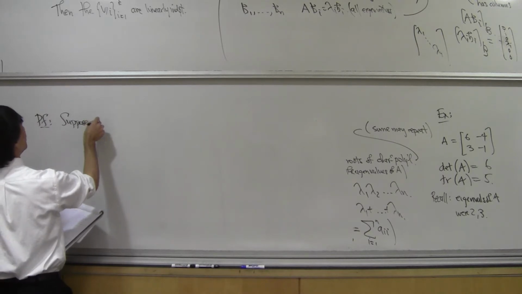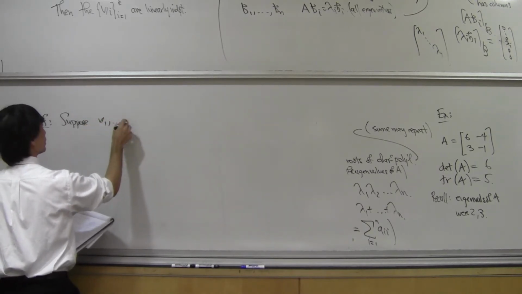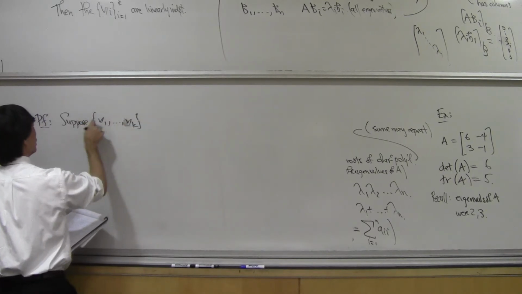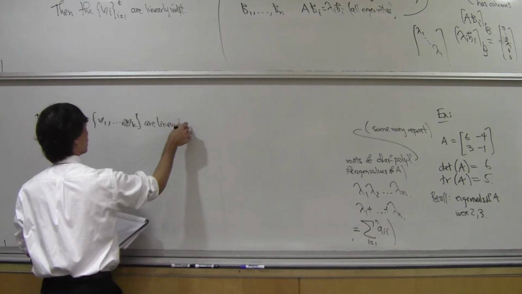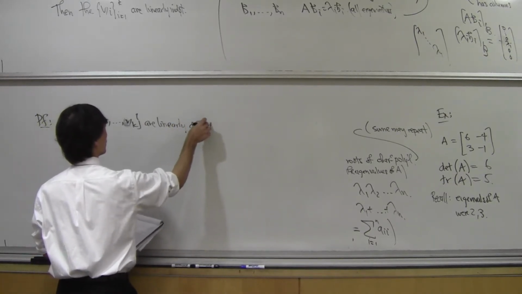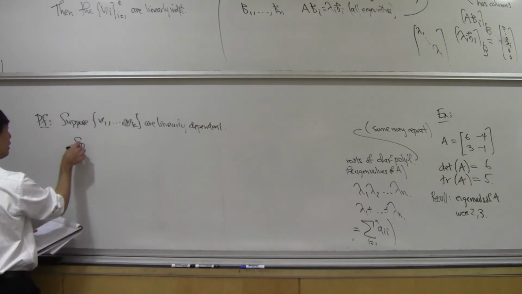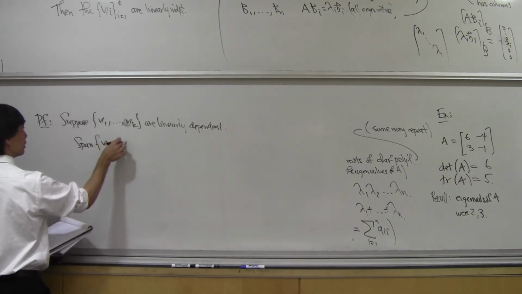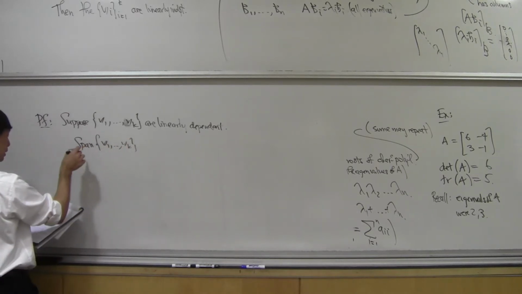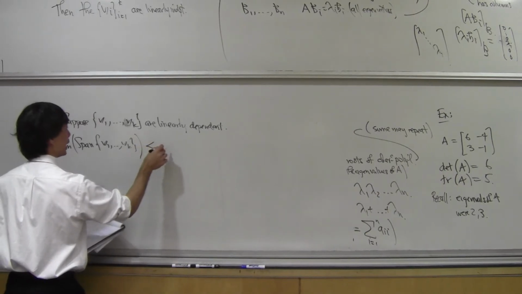Suppose that V1 through Vk are linearly dependent. In other words, that the span has dimension that's smaller than k.